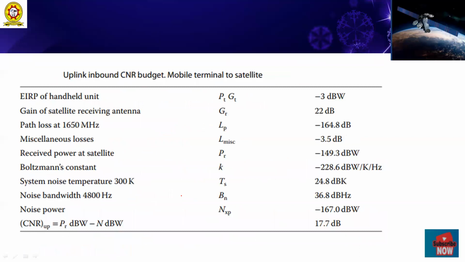This is another uplink inbound CNR budget, from mobile terminal to satellite, data sheet. This is one type of data sheet. First, PT GT minus 3 dB, gain 22 dB, path loss minus 164, miscellaneous minus 3.5, receiving power minus 149.3.